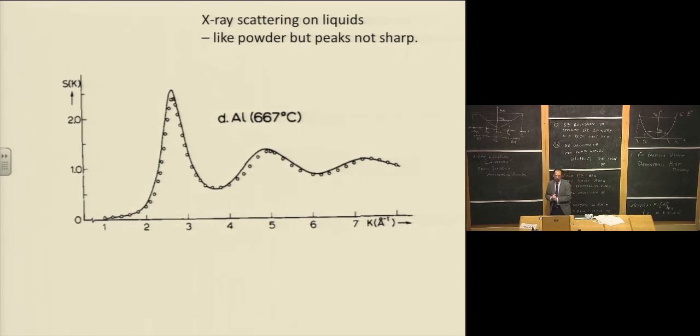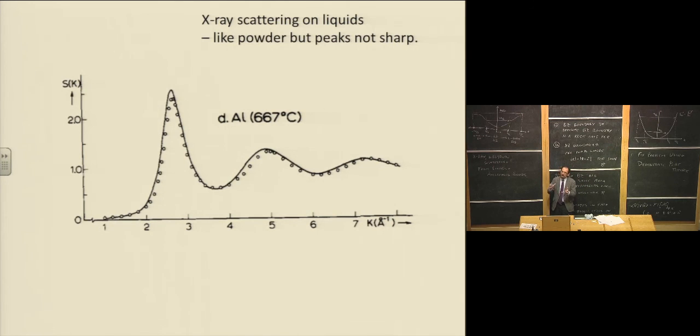It's 1 over the distance between atoms, the same way the peaks represent the periodicity of the unit cell when it becomes crystalline. As you cool down a liquid and it gets more and more crystalline, there is more and more local order, and these peaks get sharper and sharper. Finally, when the thing actually crystallizes, they become delta function peaks, the way we expected them to for a crystal.